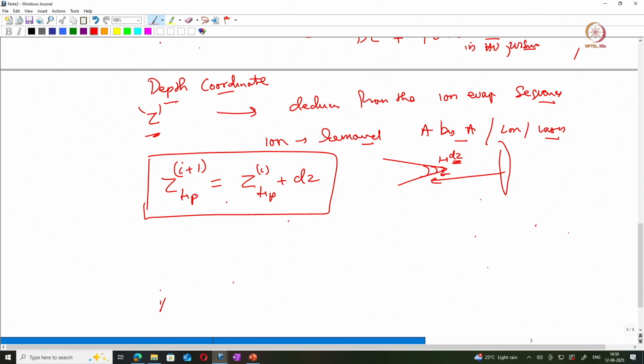So the calculation of depth increment uses one term, which is the volume analyzed.